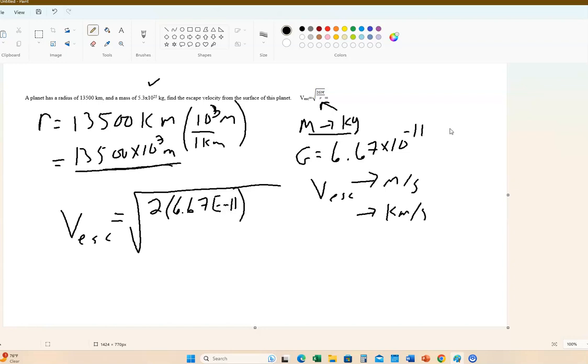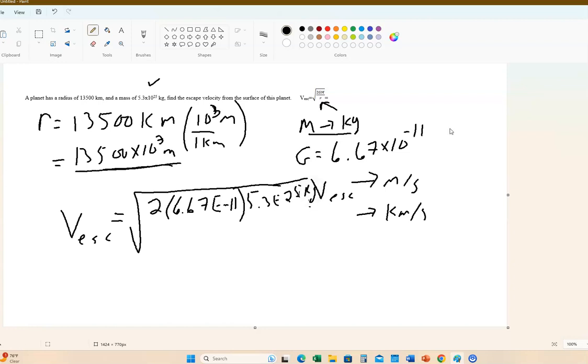Times our mass, which is given to us as 5.3 times 10 to the 25th kilograms. Sorry, that doesn't look like a K, so let me clean that up a little bit.